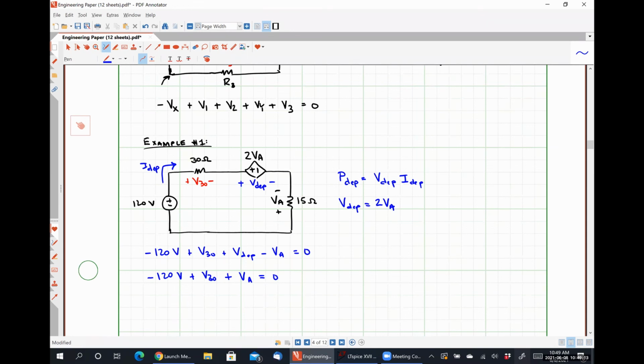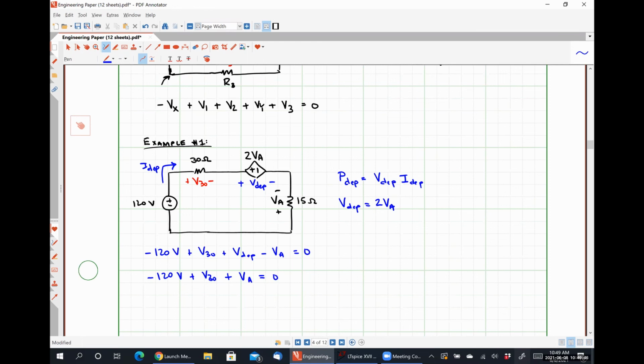All right. So now we have one equation, but we have two unknowns. V30 and VA are both unknown quantities. So what we're going to do is use Ohm's law to express that voltage V30 and that voltage VA in terms of our current I dependent, because that same current flows through every element.